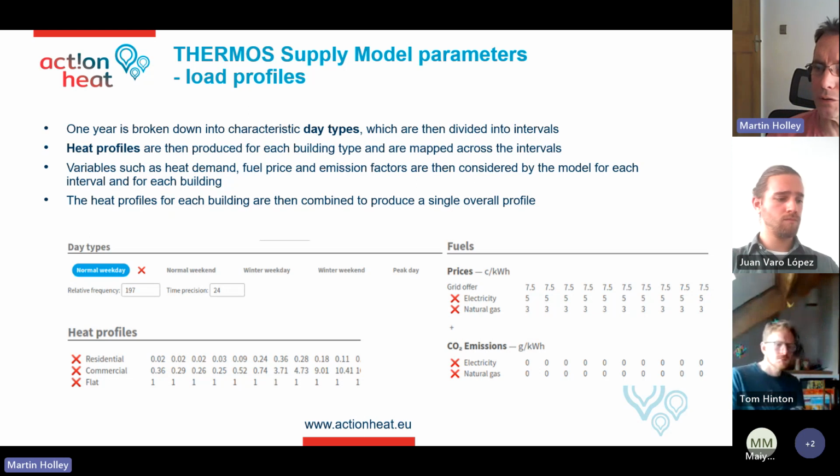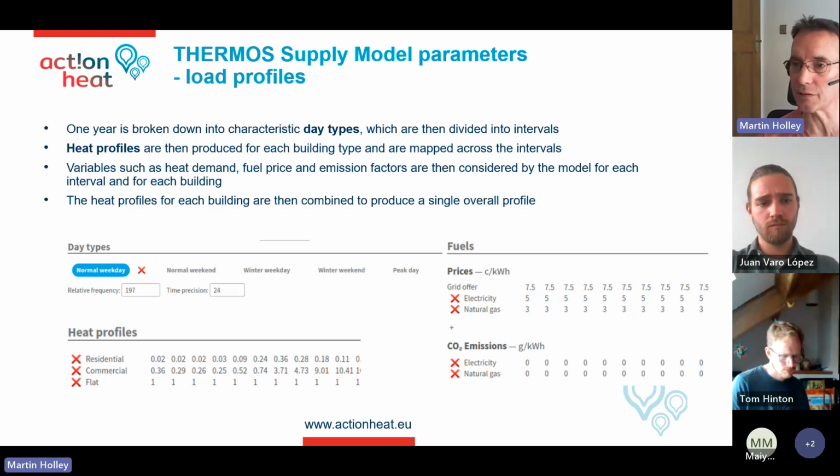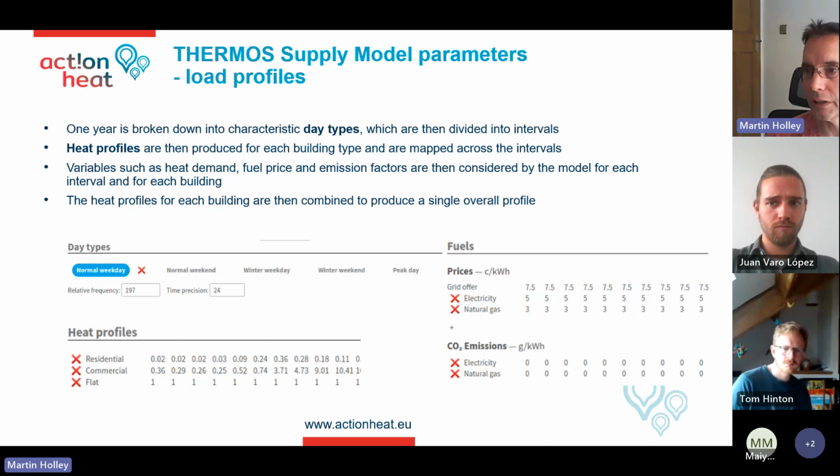The model offers different day types to divide into intervals, and the default is five day types: normal weekday, normal weekend, winter weekday, etc., where you set up a profile for those. The idea is that the whole year will be made up of a mix of these different day types.